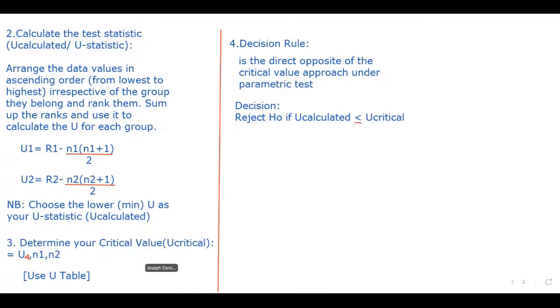For this one we don't have a critical value approach or p-value approach. The decision is only one. Otherwise, you fail to reject. Then the last step is you conclude practically.